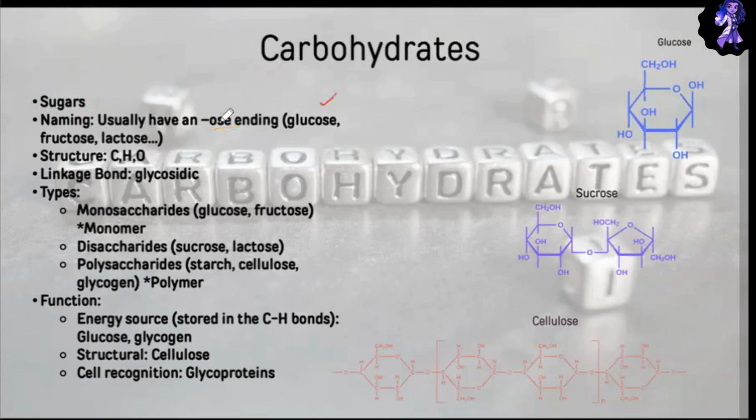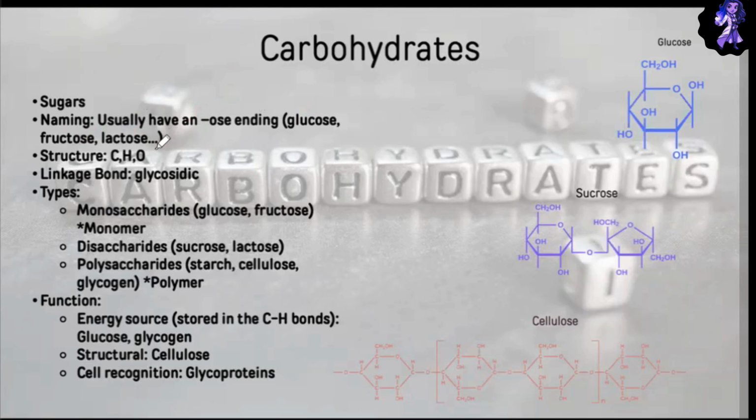Terms like glucose, fructose, or lactose all end in -ose, which is a major hint that we're talking about carbohydrates. Please make note of this because you might in the future have a free response question, and you're expected to understand that these terms are associated with the macromolecule carbs, or carbohydrates.